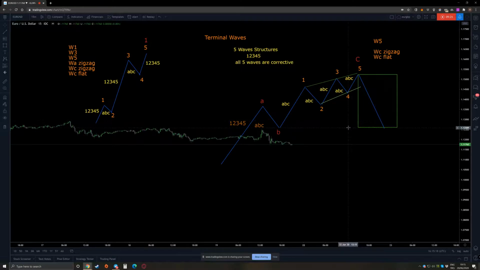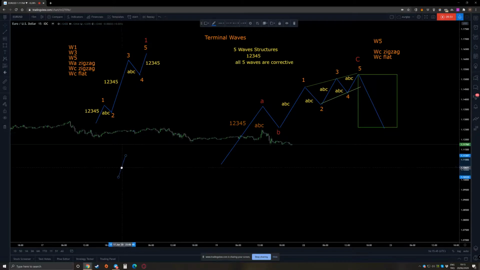Okay? Now, there is also some other difference between the classical move and the terminal move. The other difference is in a classical impulsive move, you need one wave, either first or third or the fifth one, extended. Now, in terminal moves, there is no such rule as extension. The extension means this: you take the second longest wave, either 1, 3, or 5.